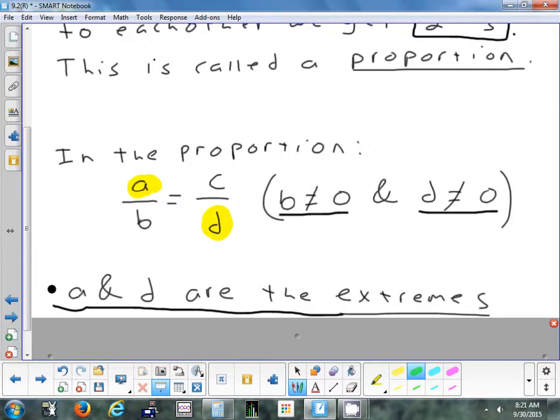In a proportion, the things that are diagonal from each other have special names. The first diagonal we're going to look at is the one that starts in the upper left and goes to the lower right, A and D. Those two things are called the extremes. So in a proportion, the one in the upper left and the one in the lower right are your extremes.